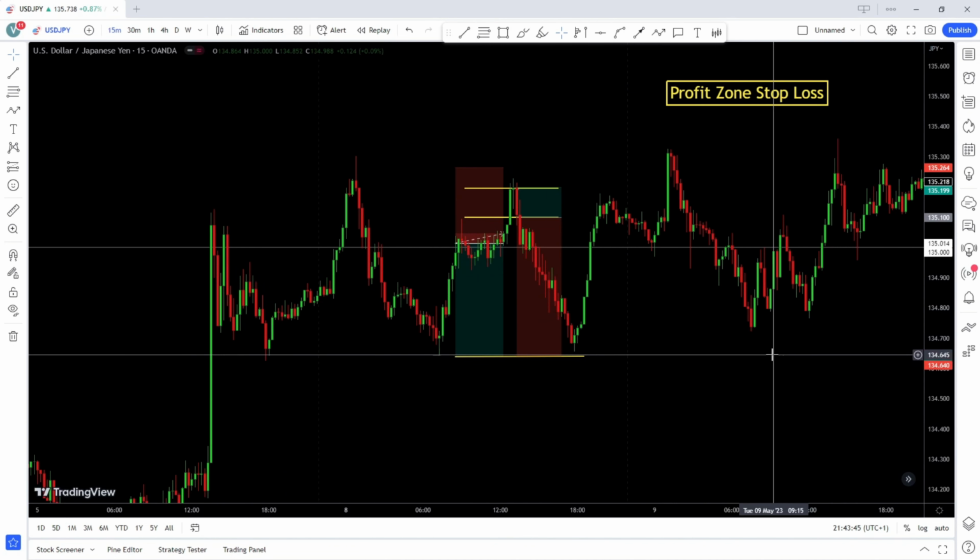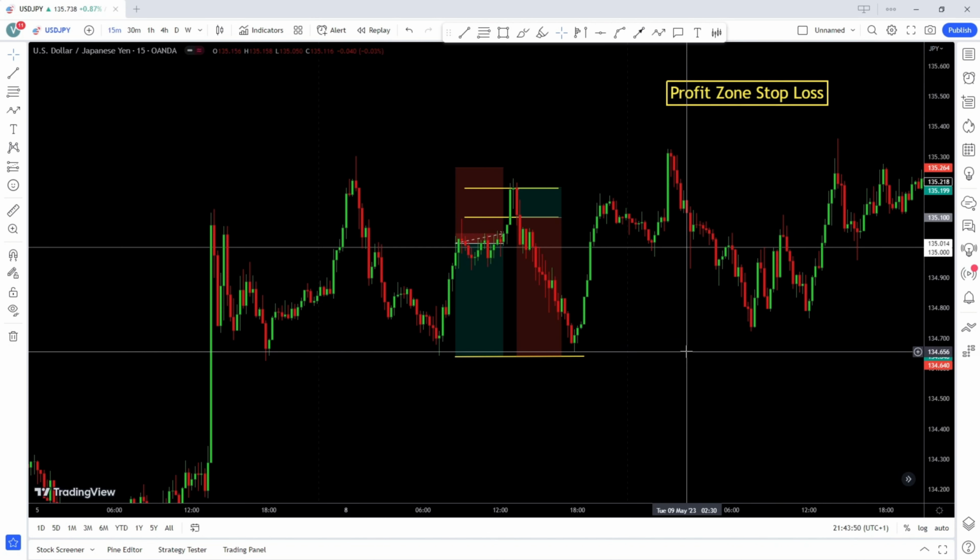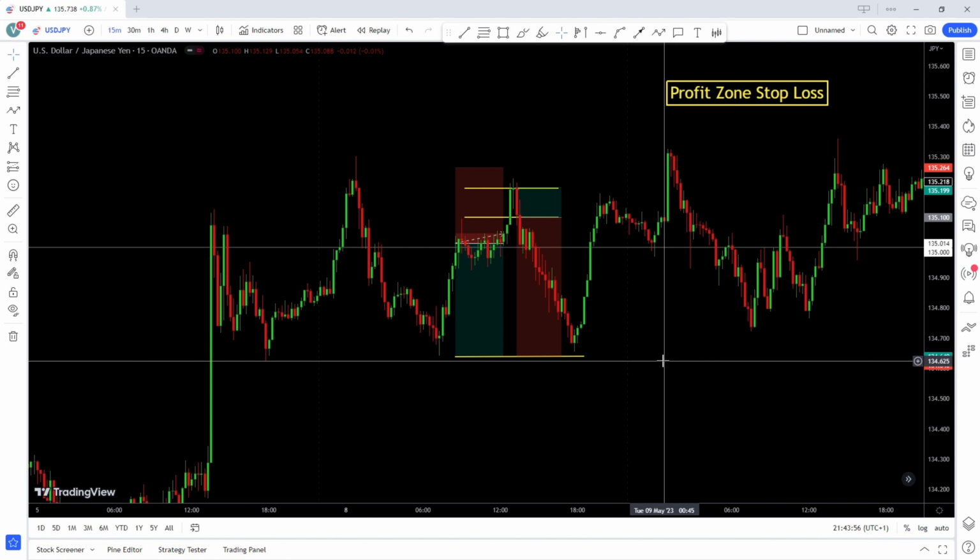So it's a very dynamic way of using a stop loss. It actually takes away the fear of using a stop loss, because now you know I'm actually going to profit from the stop loss. A lot of people get irritated with using a stop loss and actually hate using one. So in this scenario, we are actually profiting in the stop loss.